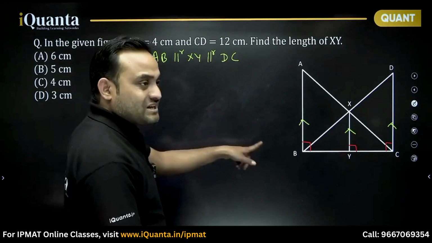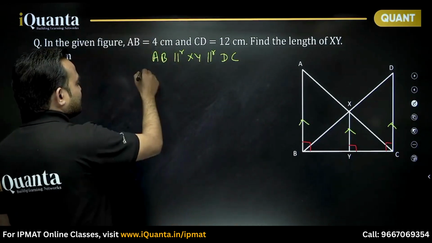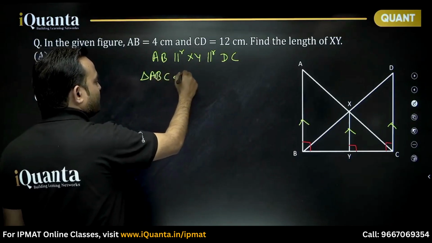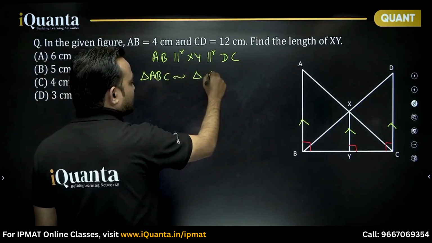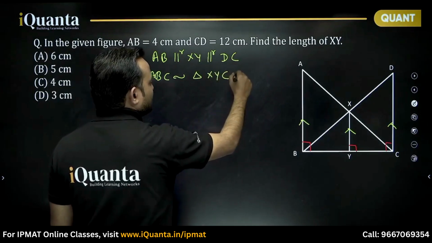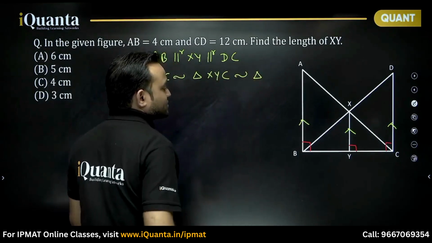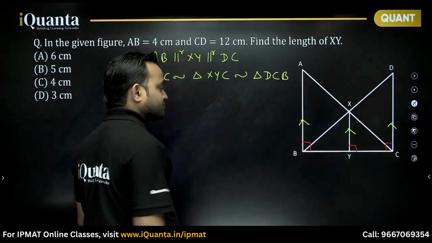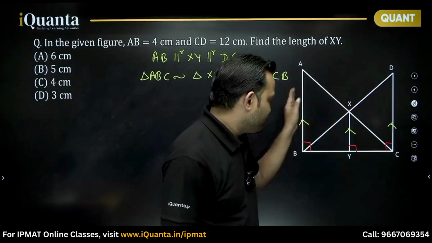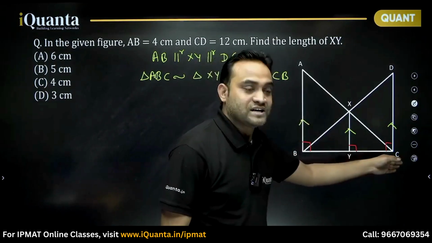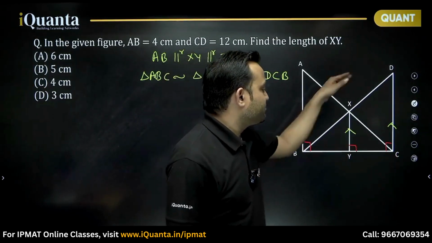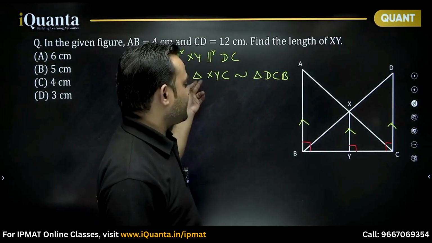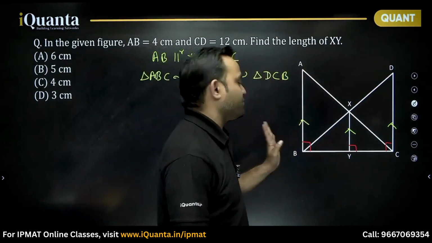Now if these three are parallel, can we say that triangle ABC will be similar to triangle XYC, which will be similar to triangle DCB? Since we started from A and then X, it will be DCB.